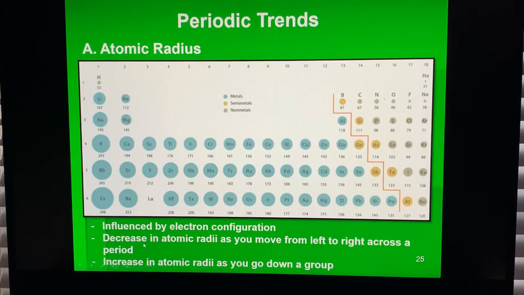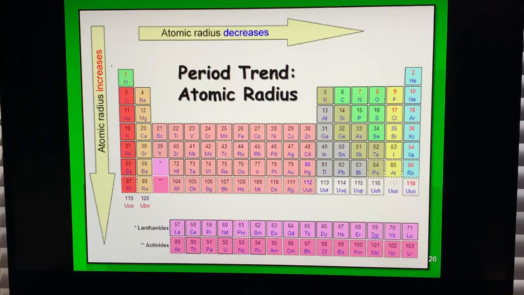And so pretty much as you move from left to right, the atomic radii decrease. And as you go down a group, the atomic radii increase. So as you're going down the boron group, the atomic radii is getting larger and larger, okay? As an example. So here's the trend. So you're going to draw these arrows and label them.